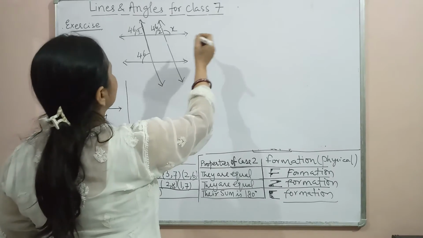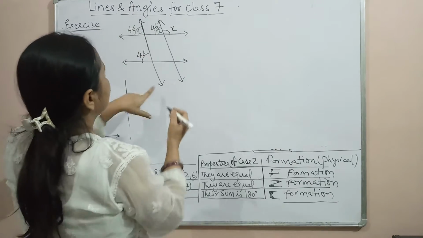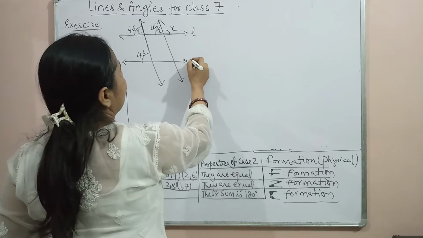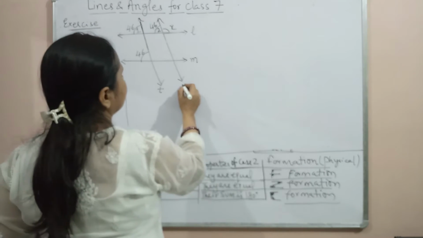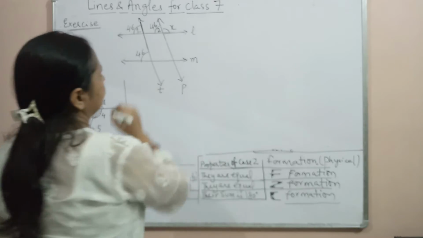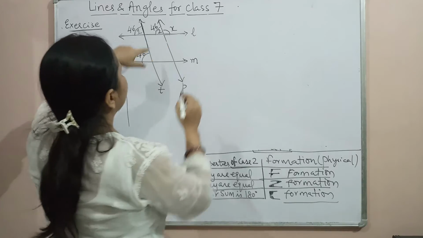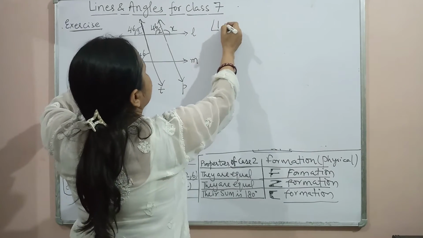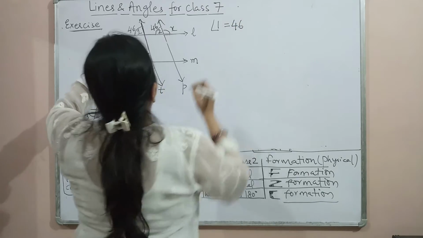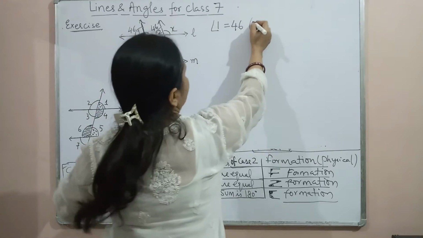Now suppose we can write these two lines are parallel cut by this transversal. Suppose this is L, this is M, this is T, and this is say P. Alright. Now these are the names of the lines. Now we can see angle 1 is equal to 46, and we can say that it is corresponding.